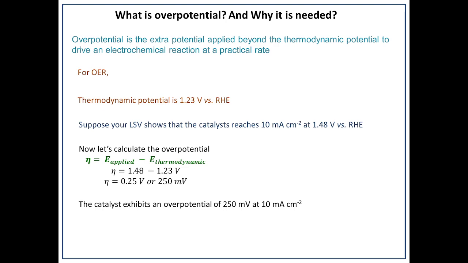So what is overpotential? The simplest definition is: overpotential is the extra potential applied beyond the thermodynamic potential to drive an electrochemical reaction at a practical rate. For the oxygen evolution reaction, the thermodynamic potential is 1.23 volt versus RHE. Suppose your LSV shows that the catalyst reaches 10 milliampere per centimeter square at 1.48 volt versus RHE.